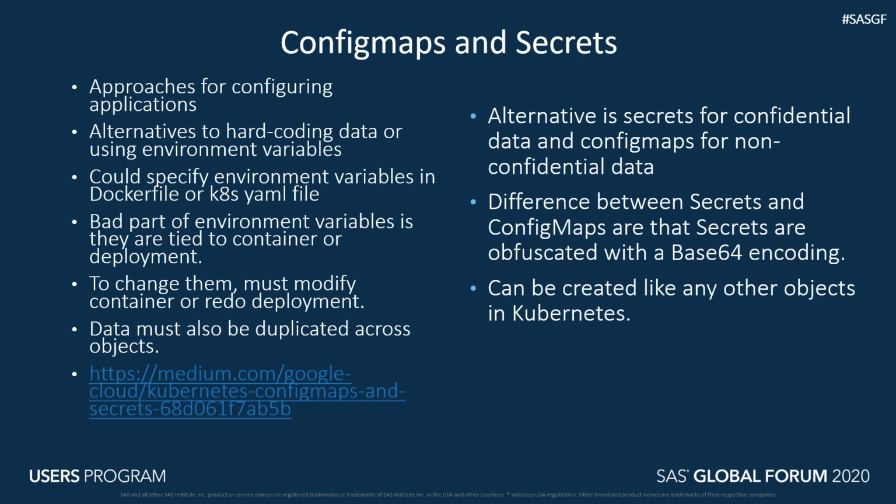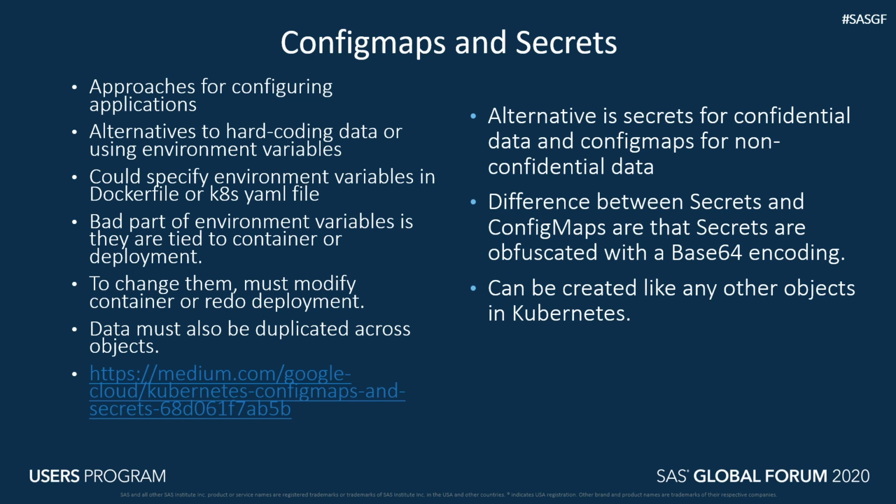A secret in Kubernetes is a lot like that. It's just an object that's designed to obfuscate or hide sensitive information, like passwords or API keys or so on. Unfortunately, with secrets, the default is really just a base 64 encoding, so it doesn't do that much. It hides it from plain text, but it's very easy to crack or reverse engineer.